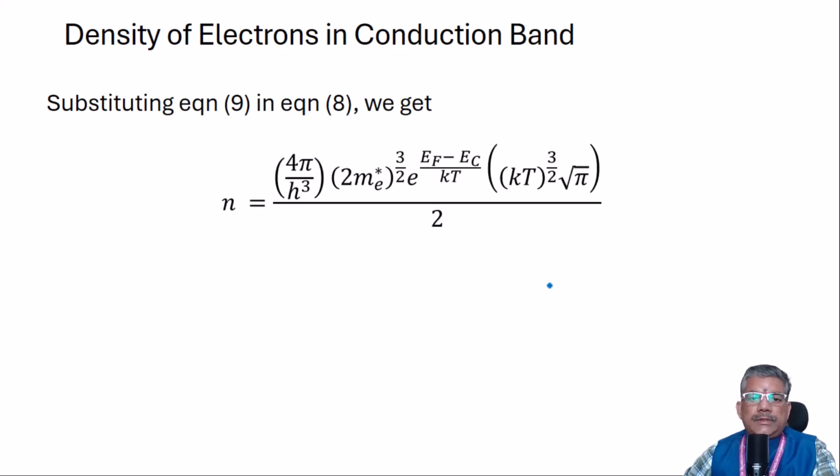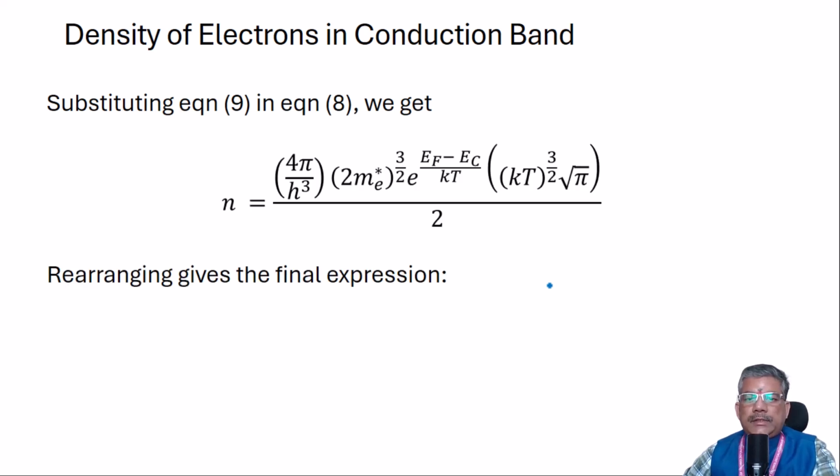It's a very simple step. Just replace the term and we can write n equal to 4 pi by h cube (2m e star) whole power 3 by 2, second term, third term, exponential of (Ef minus Ec) by kBT, it is already there. So instead of that integral, we just replace (kBT) whole power 3 by 2 and pi power 1 by 2 or root pi, the whole divided by 2.